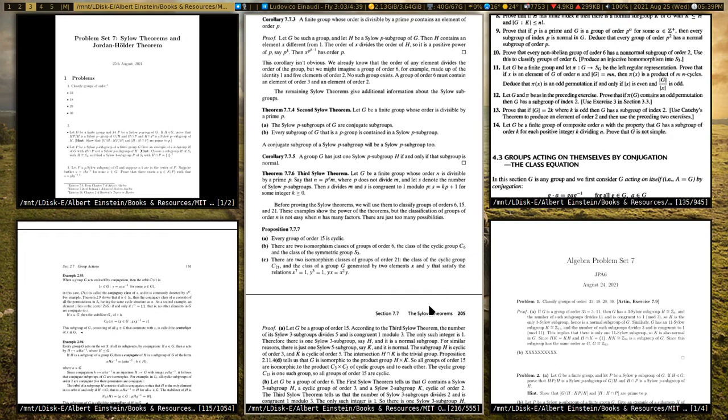Doesn't look possible. For K, there's only 1, right? So that's the good news. There's only 1 Sylow 3 subgroup, which has order 9.